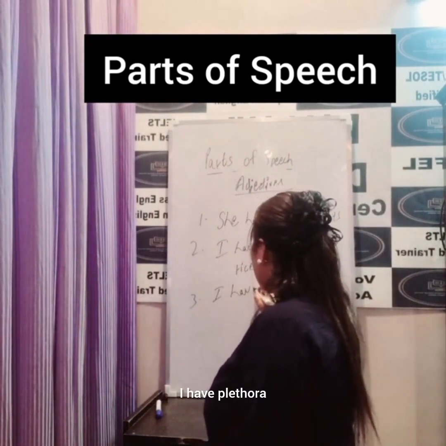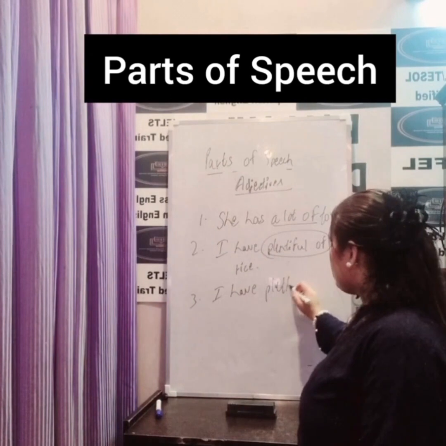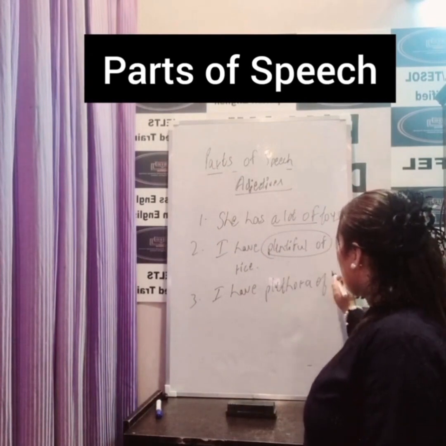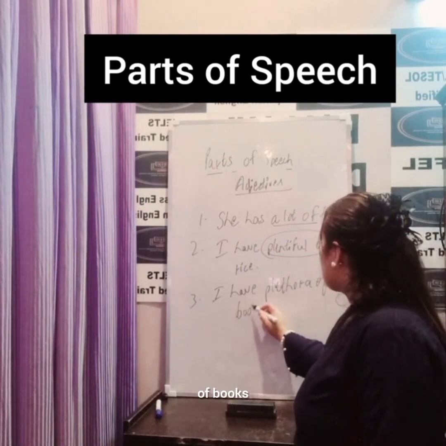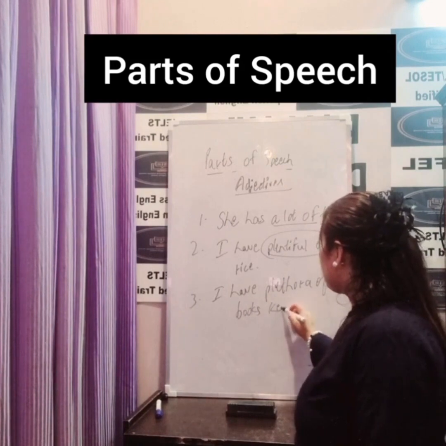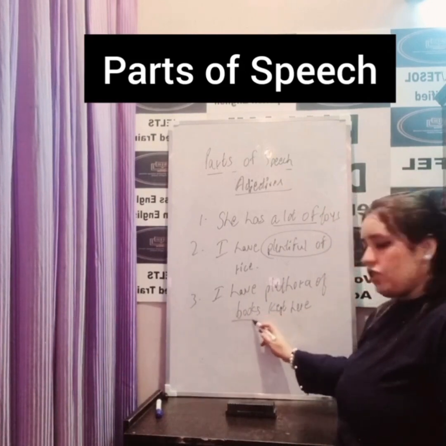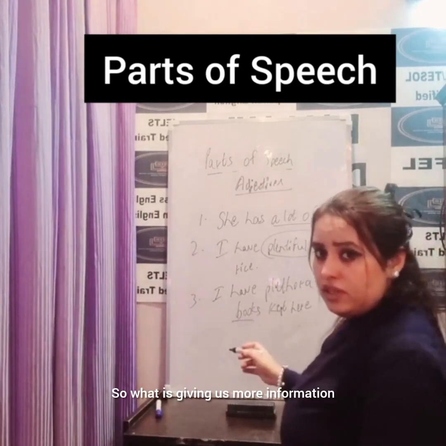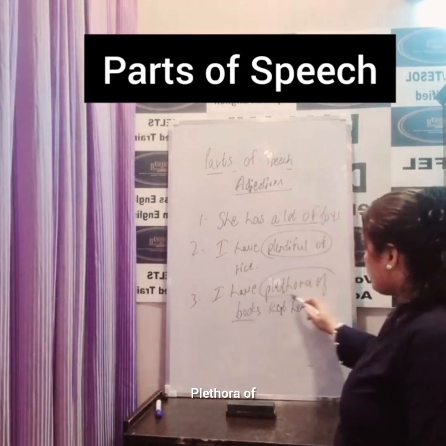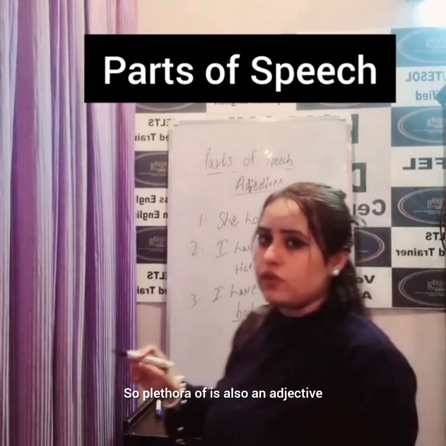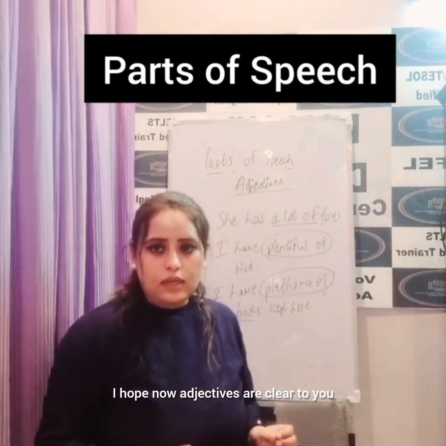I have plethora of books kept here. So here the noun is what? It is books. What is giving us more information? Plethora of. So plethora of is also an adjective. I hope now adjectives are clear to you.